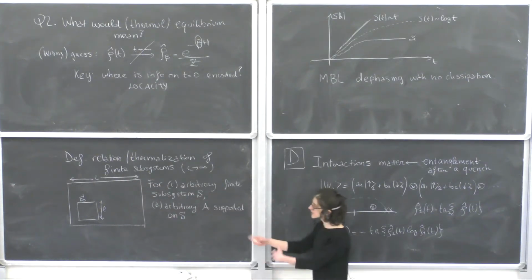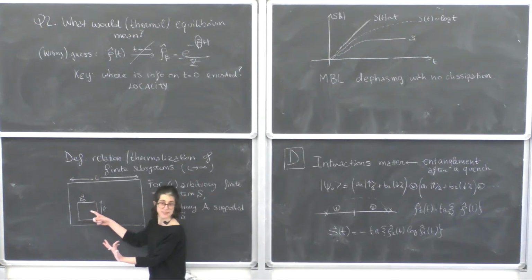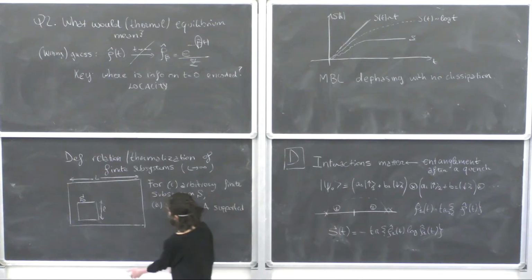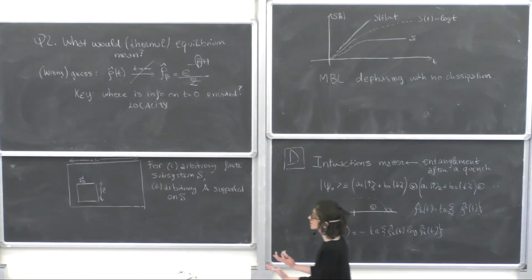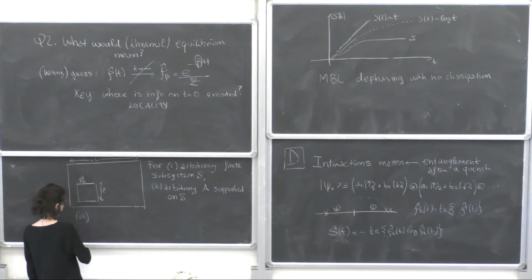Think of spin chains, so these will be Pauli matrices which act only on the sites that belong to this subsystem. And I also want to make statements that hold for arbitrary initial conditions within some class.